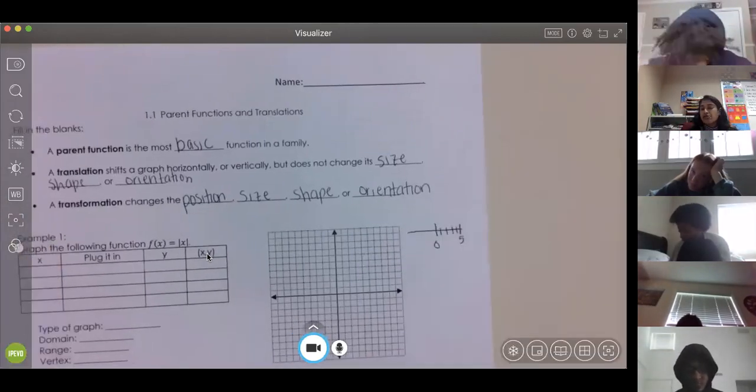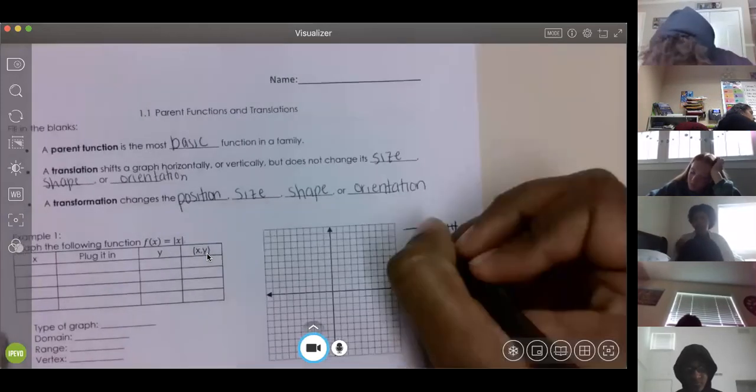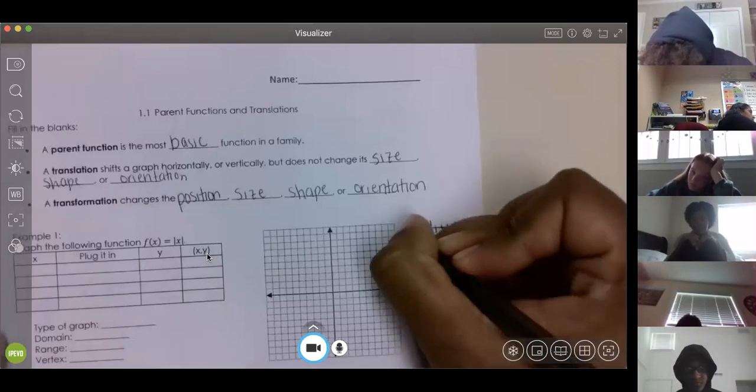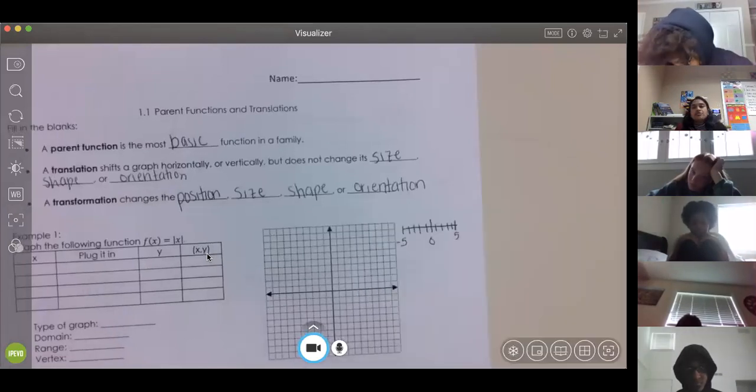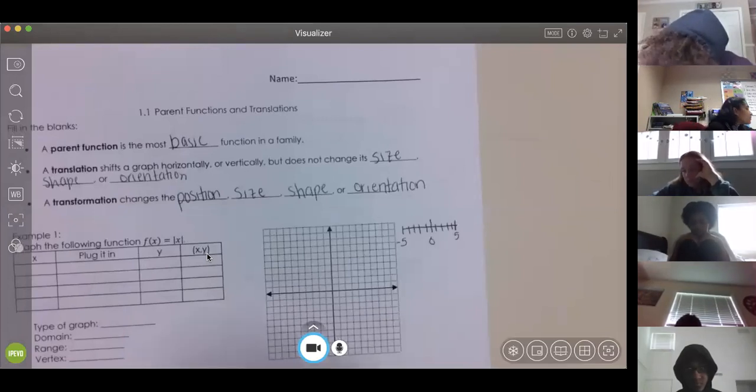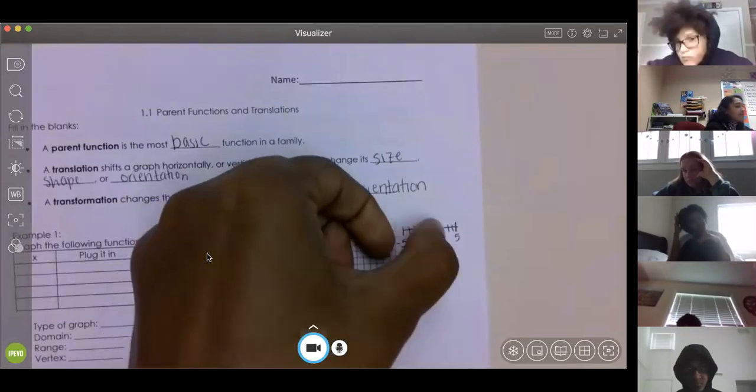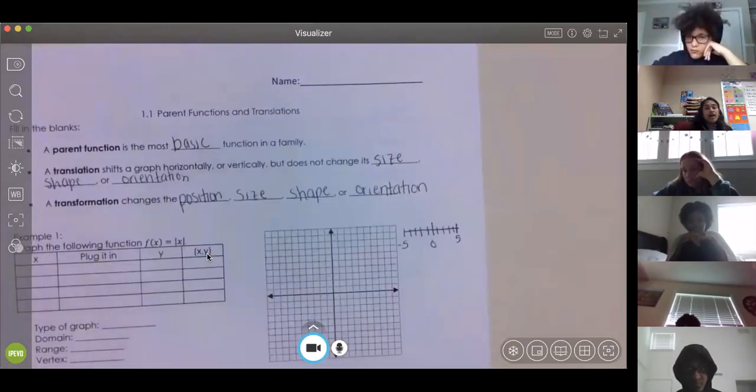So the absolute value of 5 is 5. If I asked you what the absolute value of -5 is, you're going to count how many spaces away -5 is from 0. That's, again, 1, 2, 3, 4, 5. So the absolute value of -5 is also going to be 5.